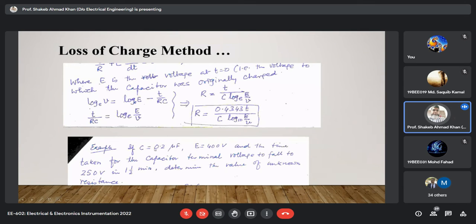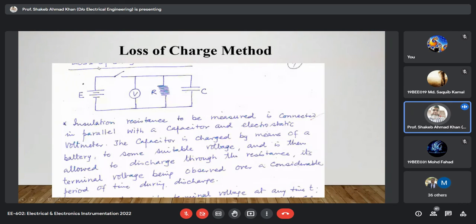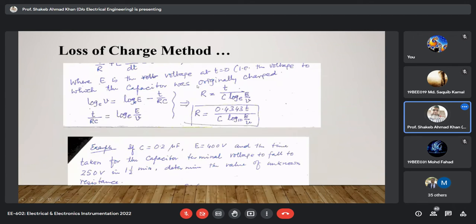Here you see the capacitance value is 0.2 microfarad, the voltage source you are using is 400 volt, and the time taken for the capacitance terminal voltage to fall to 250 volt is 1.5 minutes. Means your capacitance is charged up to 400 volt, and then your switch is opened, then it gets discharged, and it takes 1.5 minutes to discharge to 250 volt.